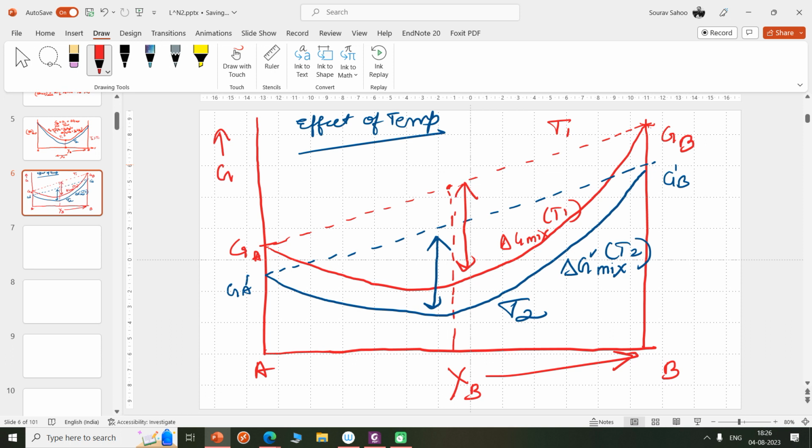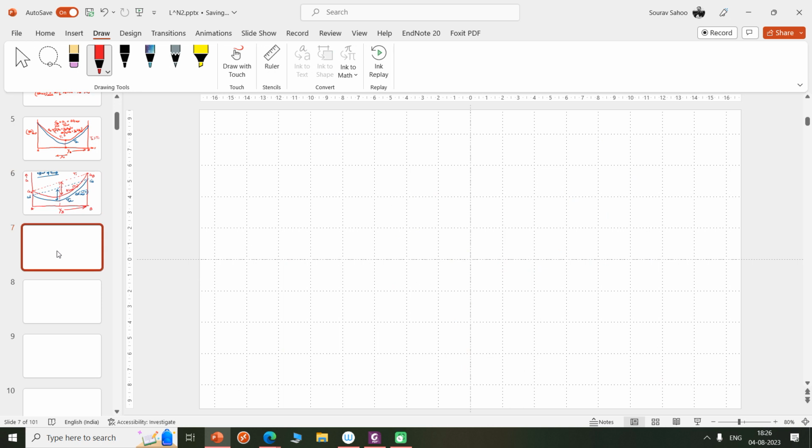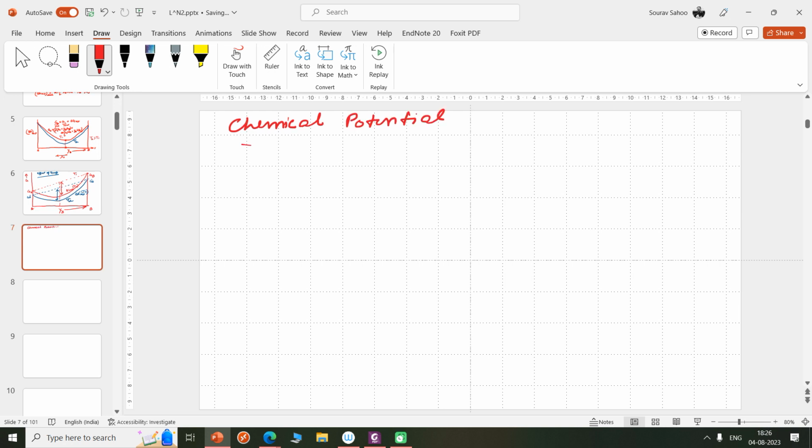So moving on, the chemical potential was briefly discussed. So chemical potential of a system, or rather an element in a mixture. If we maintain the temperature and pressure as constant, how will the free energy of my system change upon tweaking the composition of one component, right?